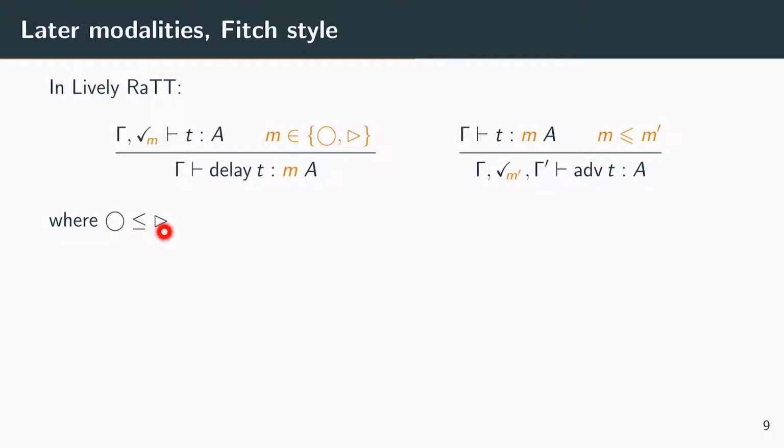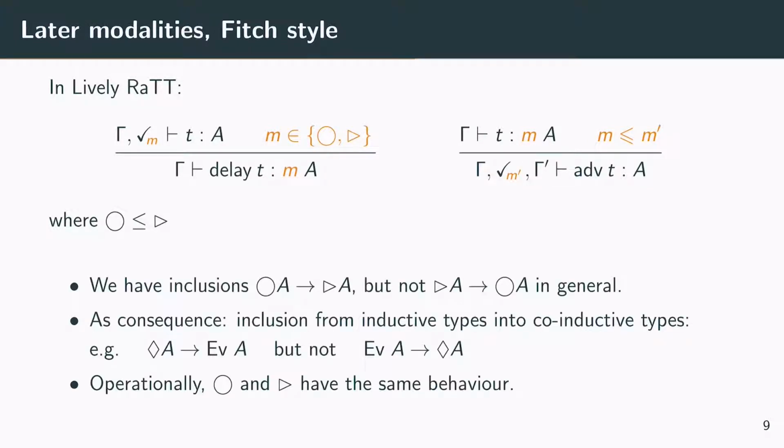modality, but we also allow that the triangle can eliminate the circle, because here we consider the triangle to be more powerful than the circle, right? So here we allow any m prime that is bigger than m to eliminate this m, right? And this will allow us to have inclusions of the form circle A to triangle A, so we can turn circles into triangles, but not the other way around, which is important.